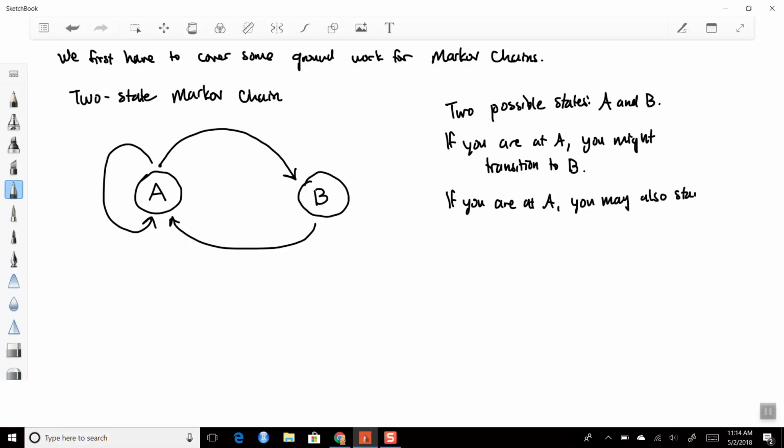Same as B. If you're at B, you might transition back to A. You might stay put at B. Okay, so we have probabilities to transition from one state to the other.